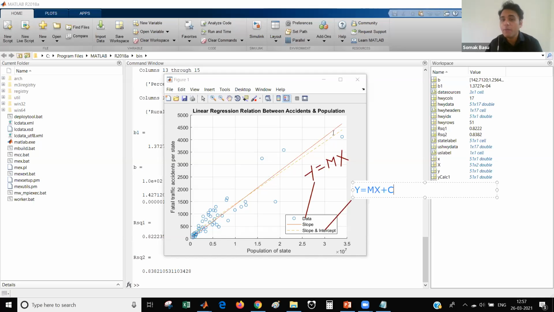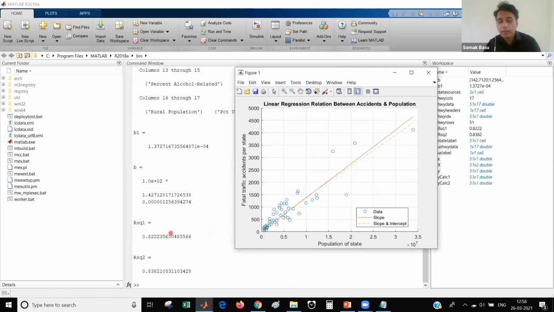This one is actually more accurate. How? Let me just prove it to you. If you see, I have calculated two values over here.